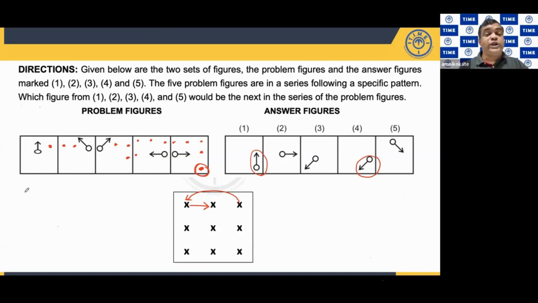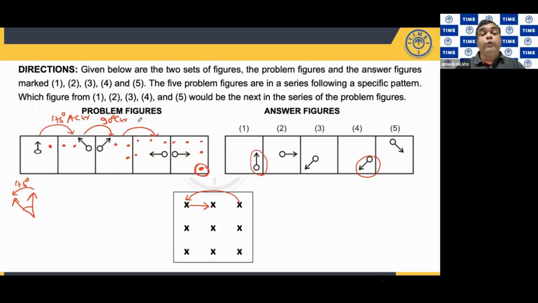Now can you see the rotation? Look at it, your arrow is pointing up. Then your arrow becomes like this. So can I say you're going 45 degrees anti-clockwise? Next figure, can you observe? You're moving 90 degrees clockwise.